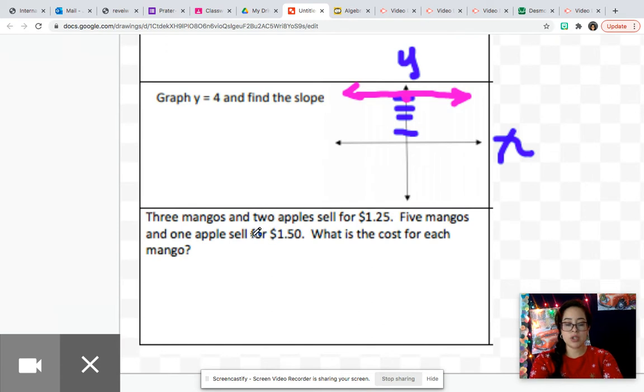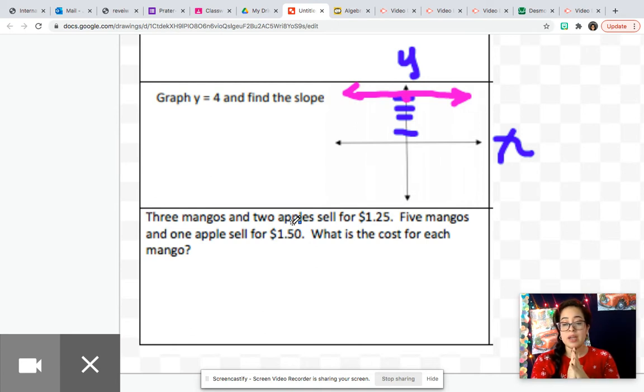So let's imagine one person A, buying 3 mangoes and 2 apples, and then person B at the same store buying 5 mangoes and 1 apple. Now, in a perfect world, let's pretend that the apples and the mangoes cost the same amount, because they're at the same store.